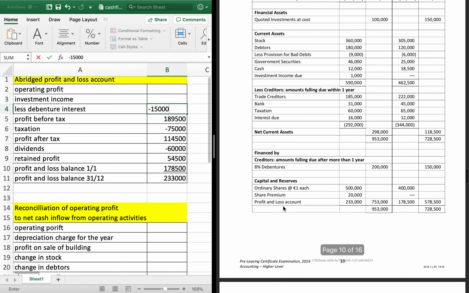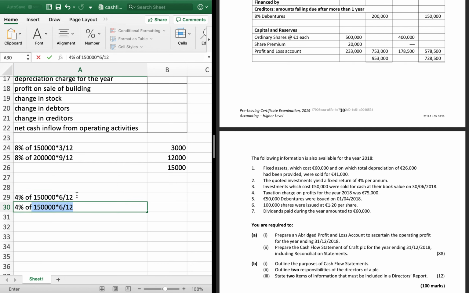For the first half of the year we had 150,000, and for the second half we had 100,000. So it's 4% of 150,000 by 6 months, and 4% of 100,000 by 6 months. That's 3,000 and 2,000, a total of 5,000.